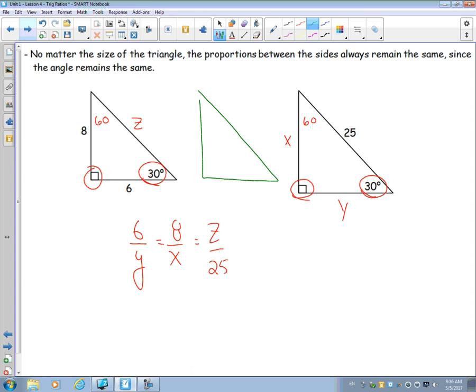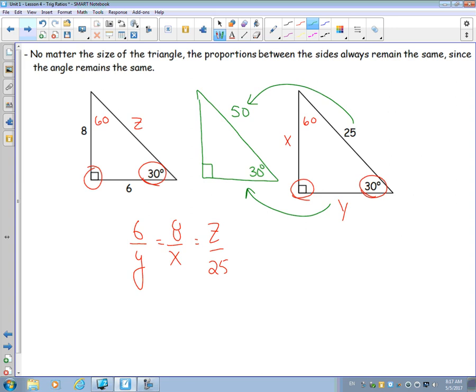And I knew this triangle had a 90 and a 30 in it. Well, I know that every side in this triangle has to be proportional to both of these other two triangles. So if I could figure out the scale factor between any two sides, let's say I knew this was 50, in other words, it's double this one, well then I would know it has to be double that one.